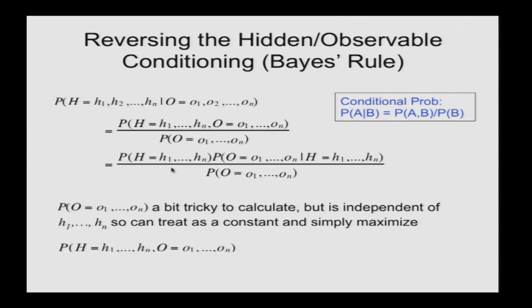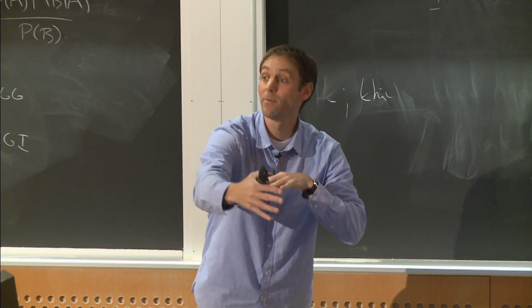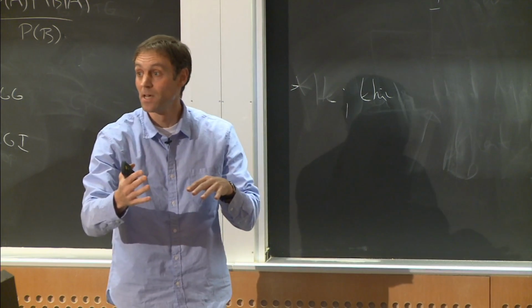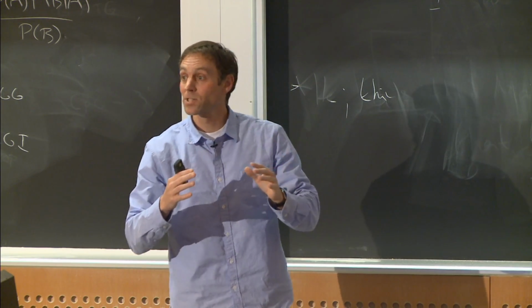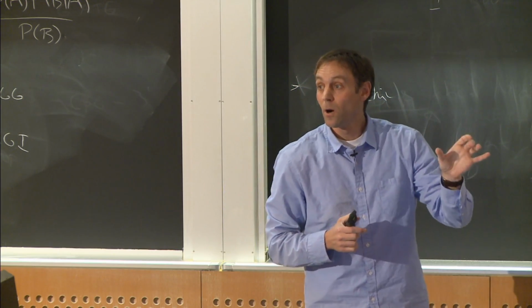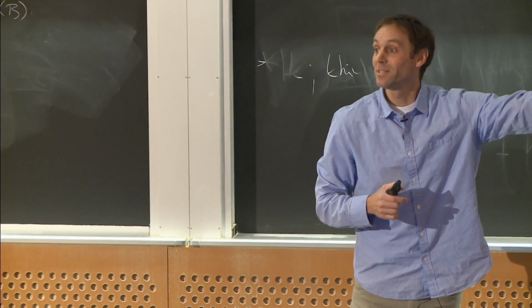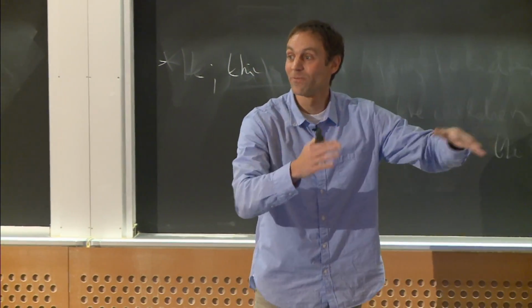So what is PO, the probability that O equals O1 to ON, in this model? Well, the model specifies how to generate the hidden states and how the observables are generated from those hidden states. So PO is actually defined as the sum of PO comma H equals the first possible hidden states, plus the same term for the second.